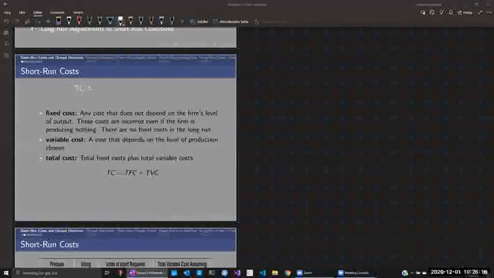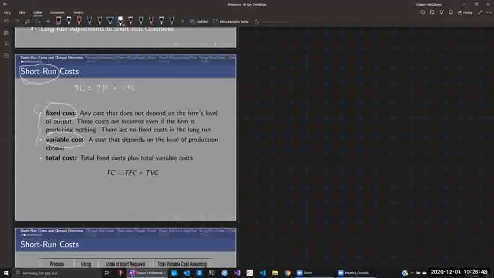But if we have to understand the structure of costs in the short run, then we have to make a distinction between fixed costs and variable costs, okay? So the total cost is a combination of total fixed costs that the firm has to pay, plus the total variable costs.